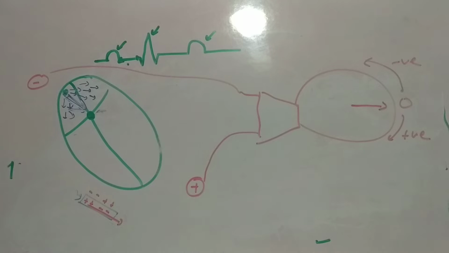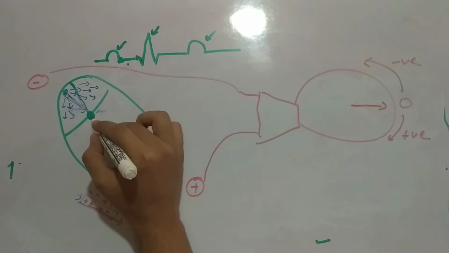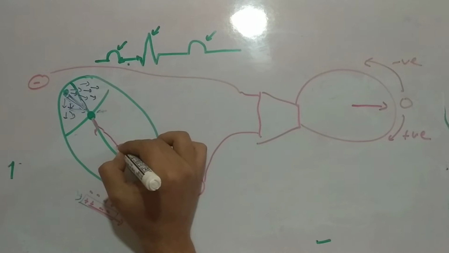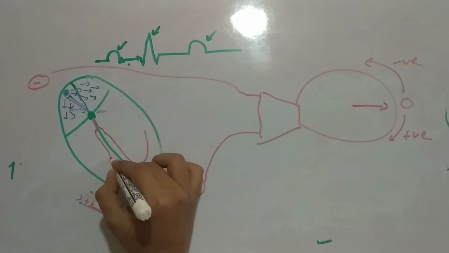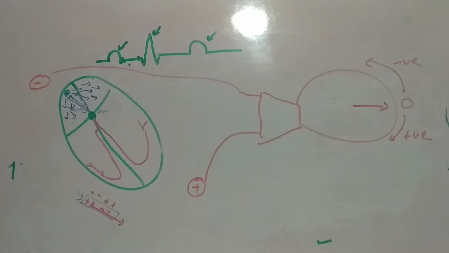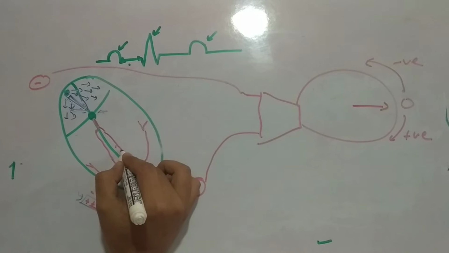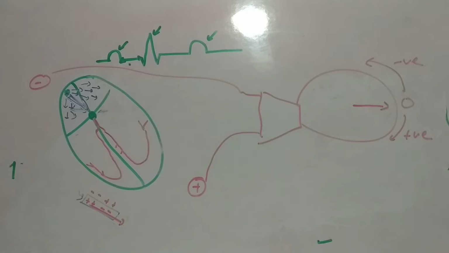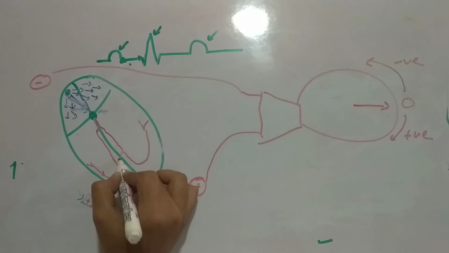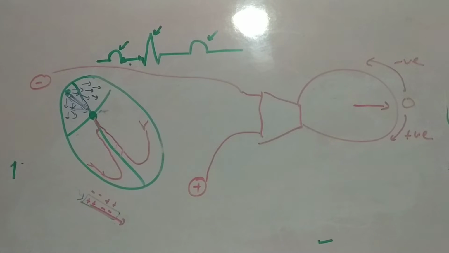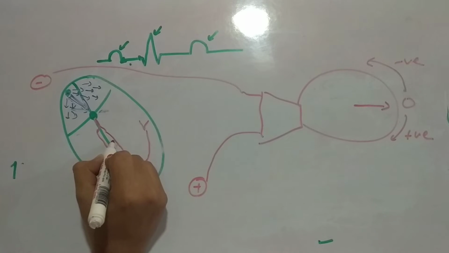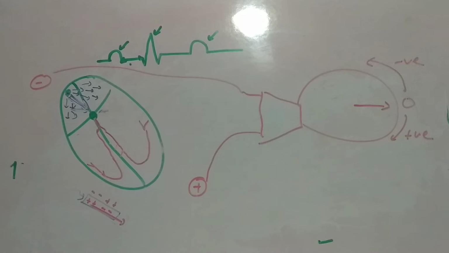Now gradually what will happen is that from here comes the bundle of His, it gets divided, and these are your Purkinje fibers, isn't it? So when the impulse comes through the bundle of His and Purkinje fibers, certain septal branches can be found from the left bundle branch, and because of this the septal depolarization will be seen in this direction.